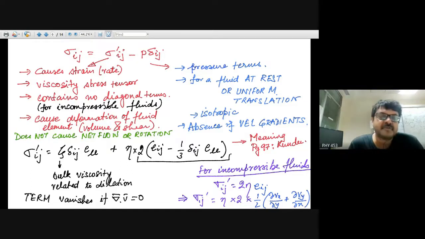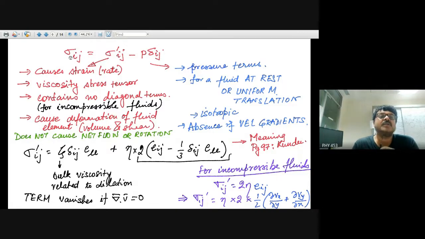So what I have spared you is the trouble of doing some tensor algebra, so that we can focus more on the physical picture, on the concepts rather than the algebra. Okay, so basically what I have written here is this stress tensor with a dash.